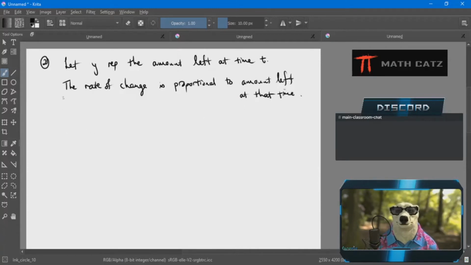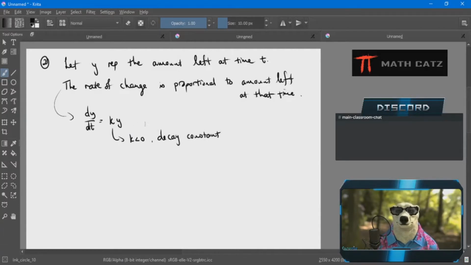And this leads me to the same differential equation, because the rate of change, whether it's going up or down, is still dy/dt equals a proportionality constant times y. This is now going to be a negative number called the decay constant.